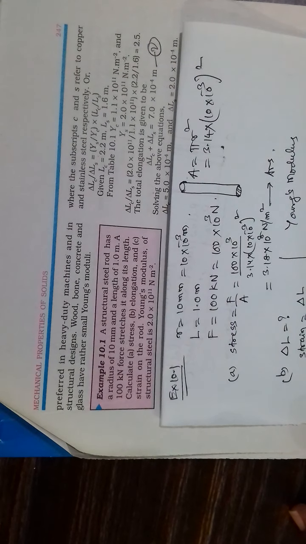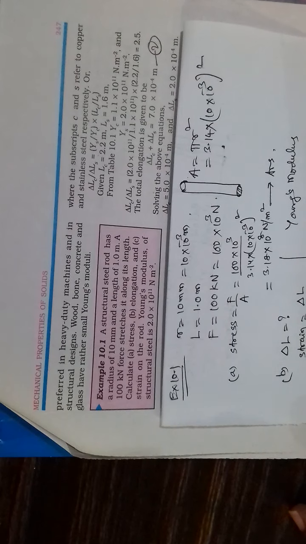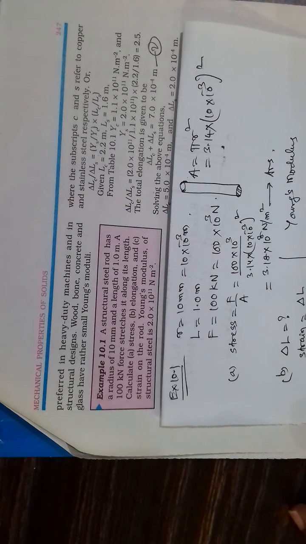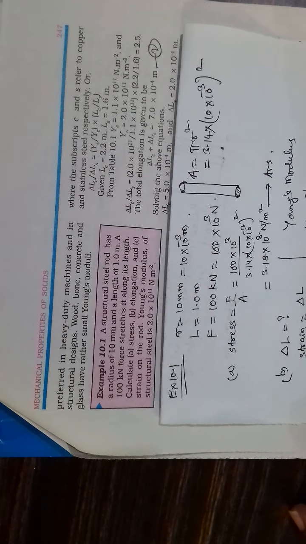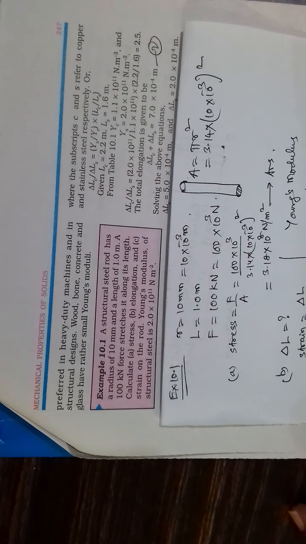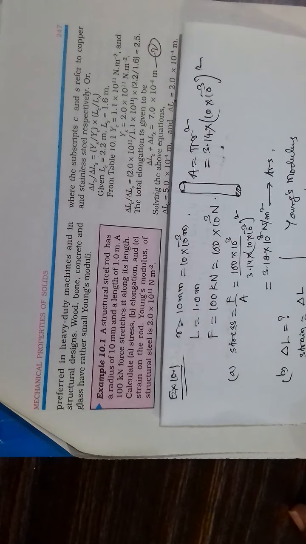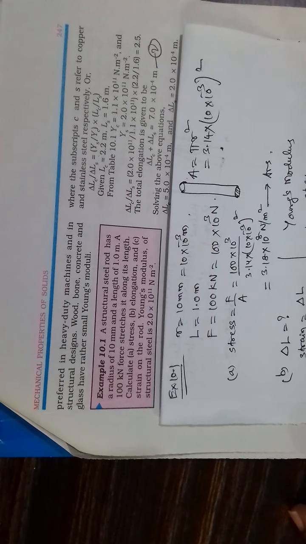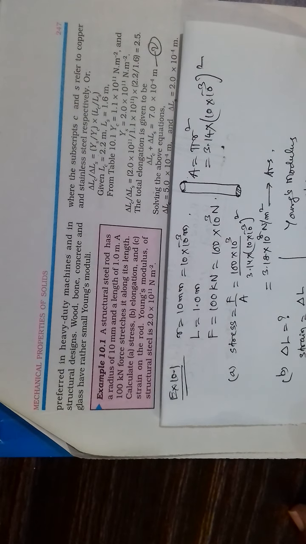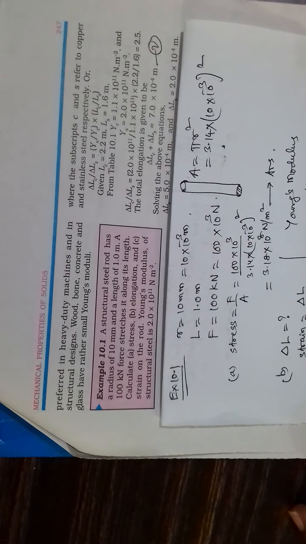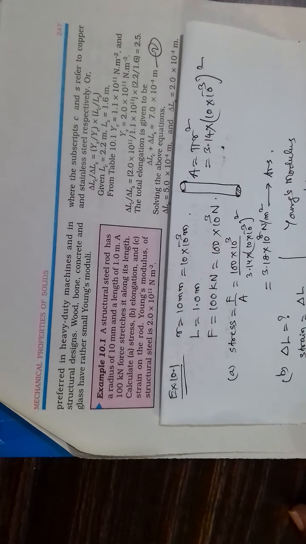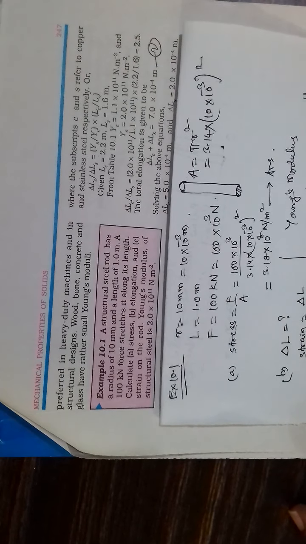It is the ratio between longitudinal stress and longitudinal strain. Y is equal to longitudinal stress by longitudinal strain. And the value is given here. What is the Young's modulus? 2.0 into 10 power 11.